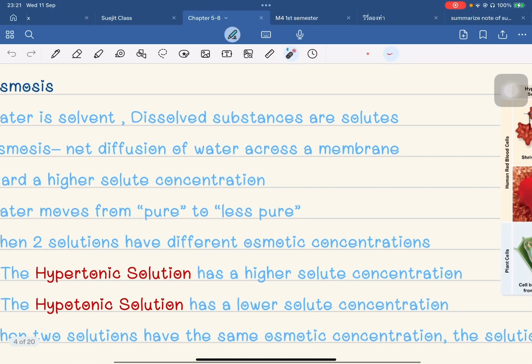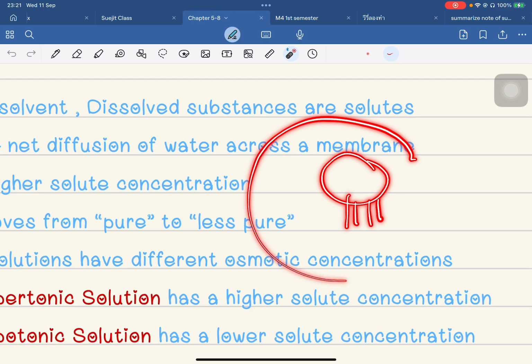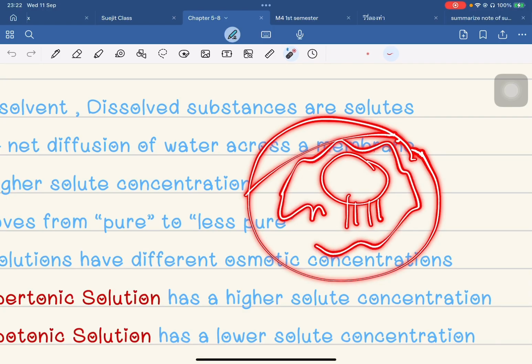For example, if we put a jellyfish into pure water, like if we soak it in the water, the jellyfish is going to swell because the water from the outside is getting into the jellyfish.